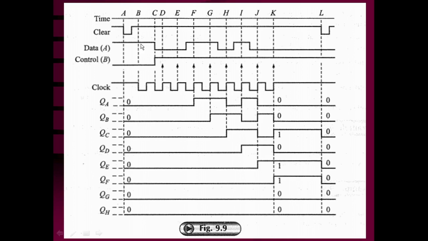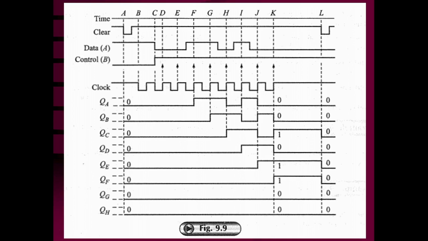Data is going to be 1, but this 1 cannot enter into the first flip-flop. So at the instant of time C, we can see that the control line becomes high, and whatever data is there, that data is going to be inverted and can be entered.